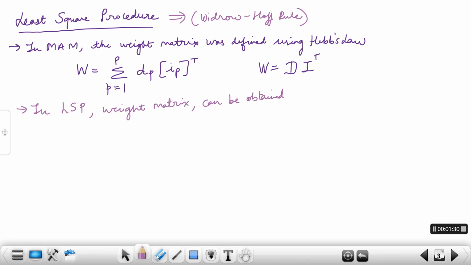Now in LSP the weight matrix can be obtained by using a criterion which will be minimizing the error. So we will be using the criterion of minimizing the mean square error.